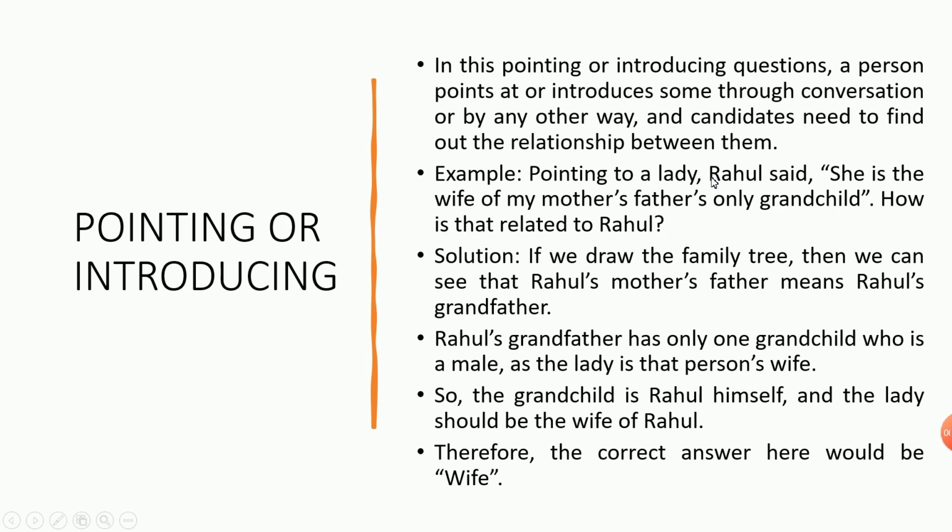Rahul's mother's father means Rahul's grandfather. Rahul's grandfather's only grandchild is himself, Rahul. So she is the wife of Rahul. Rahul's grandfather has only one grandchild, who is a male, and the lady is that person's wife. So the grandchild is Rahul himself and the lady should be the wife of Rahul. So the correct answer would be wife.